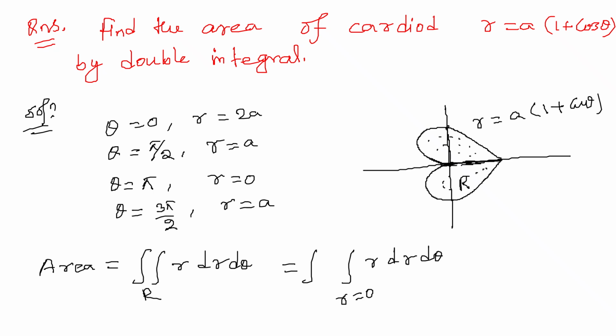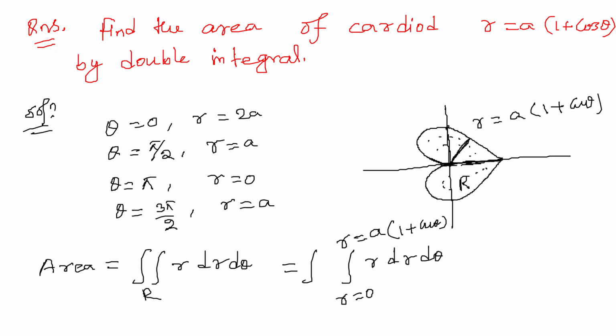R lowest is 0, and up to the highest, up to that curve. So r is equal to a(1 plus cos theta). You can't consider r equal to 2a or r equal to a, because that would be a specific distance, up to here only.